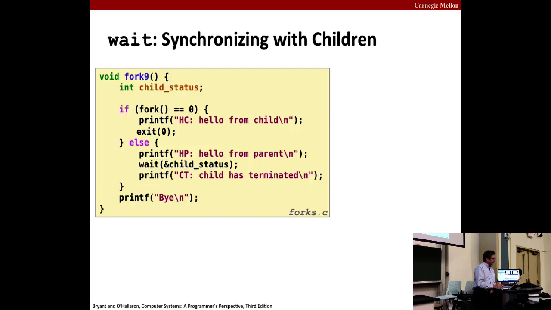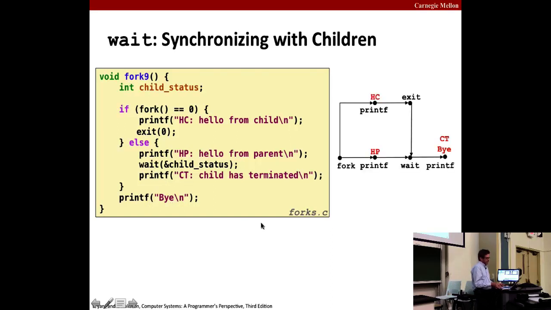So let's look at how this works in a simple example. Here we're calling fork and creating a child which prints a message and then exits. The parent prints a message and then it waits for the child to terminate. When the child terminates, it prints a message indicating that the child terminated and then prints bye.